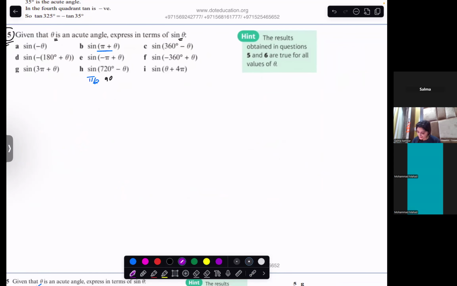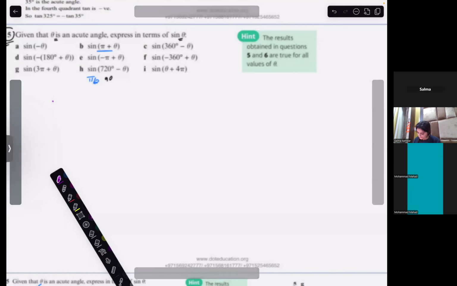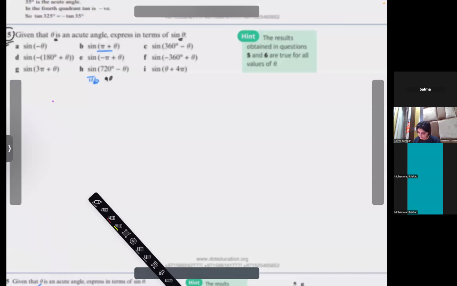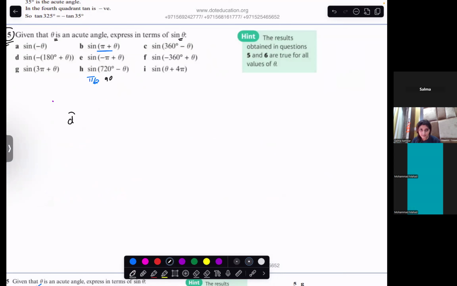Fourth one, part D. Sine of minus 180 plus theta, the whole minus.